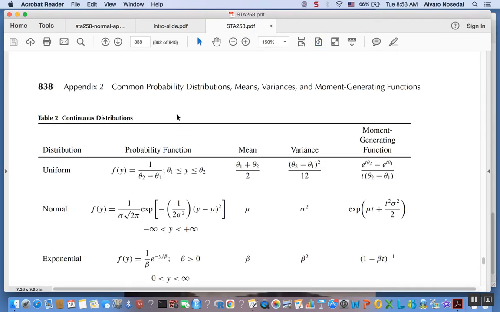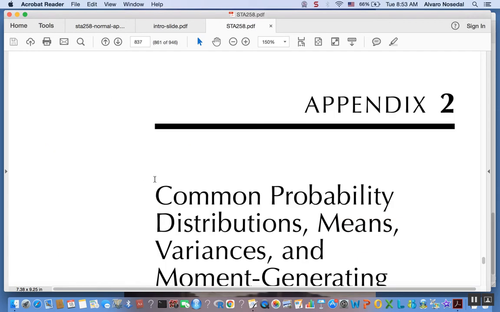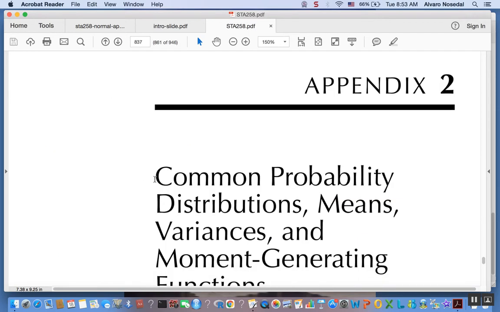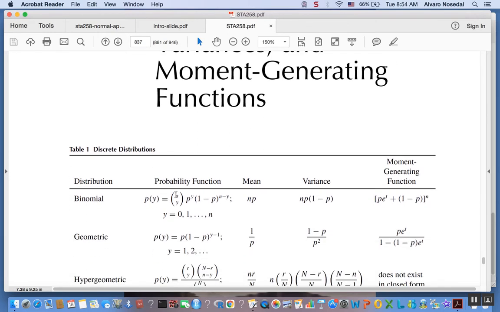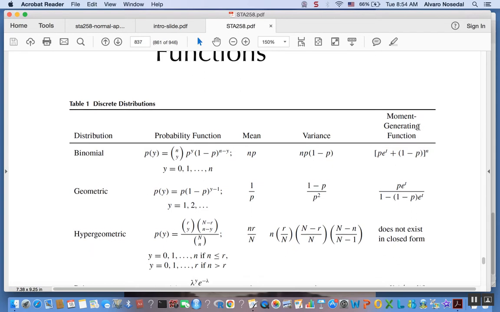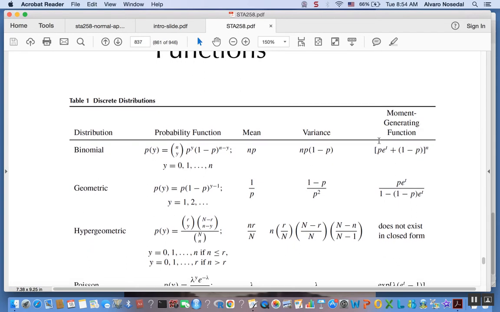It contains the expression of the PDFs in the case of the continuous random variables, and probability mass functions in the case of the discrete ones. So it's 837, the one that has the discrete ones. It lists the probability mass function, variances, and moment generating functions for the most popular distributions.